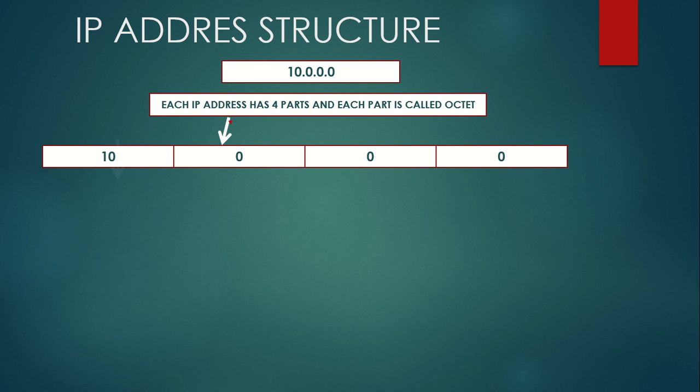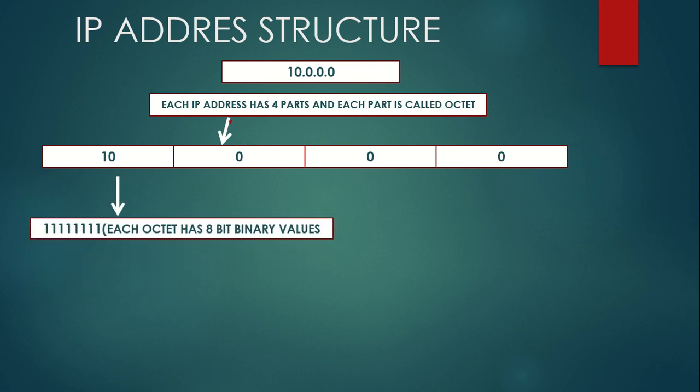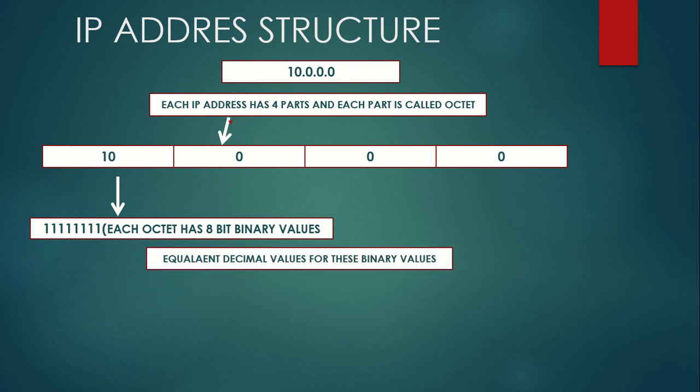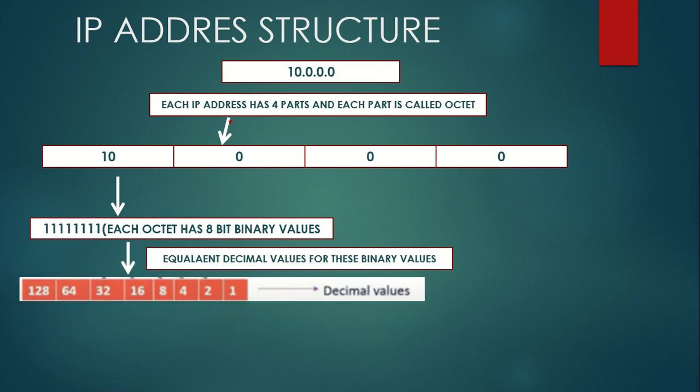Each octet has 8 binary values, that is zeros or ones. Each octet has 8-bit binary values. The equivalent decimal values for these binary positions are 1, 2, 4, 8, 16, 32, 64 and 128.